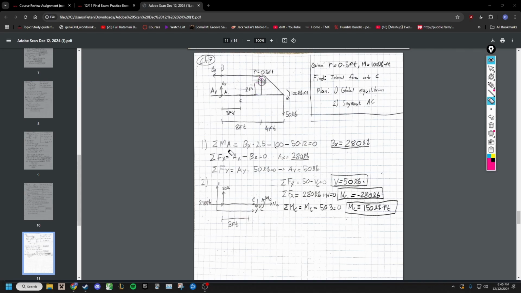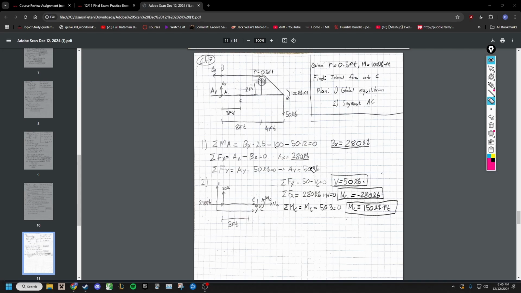Then M of A will be the tension force in the x direction times 2.5, minus this clockwise moment here, minus the tension force pulling down at the end times the distance from A, which is 12 feet. We find that B of x equals 280 pounds.